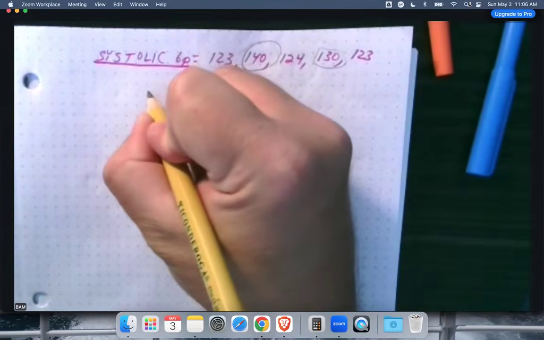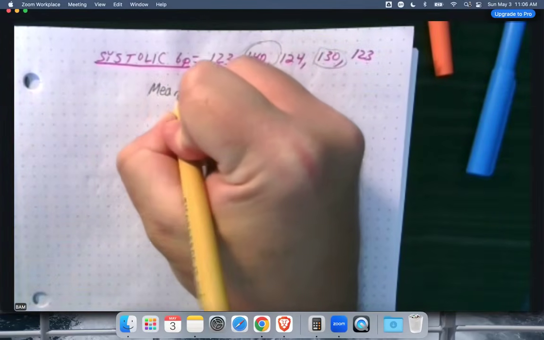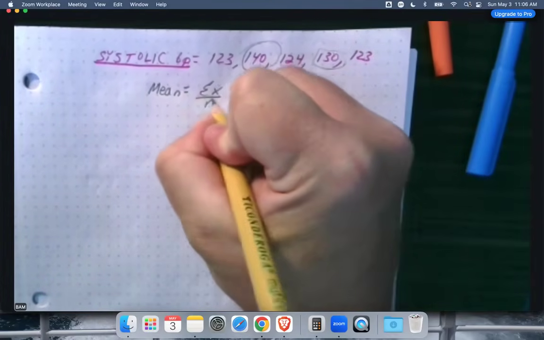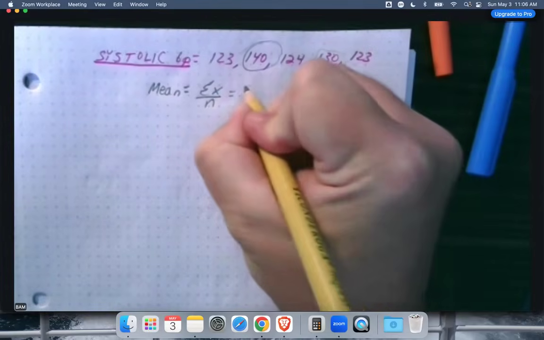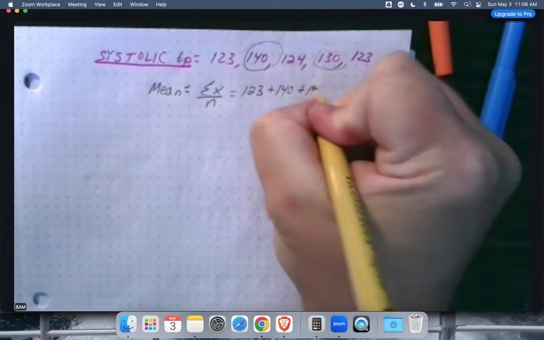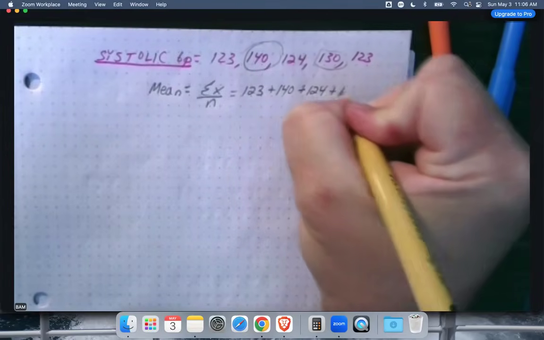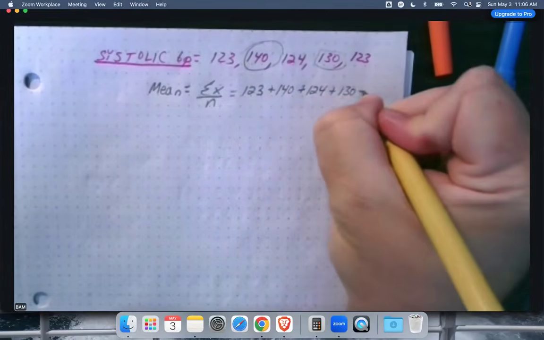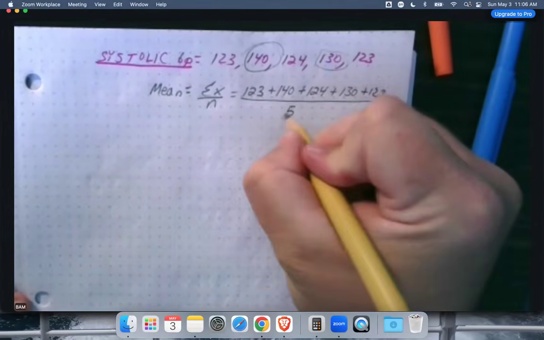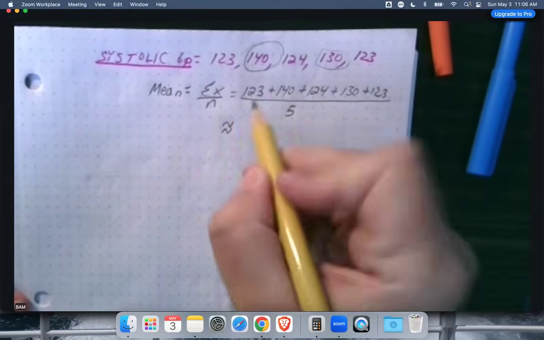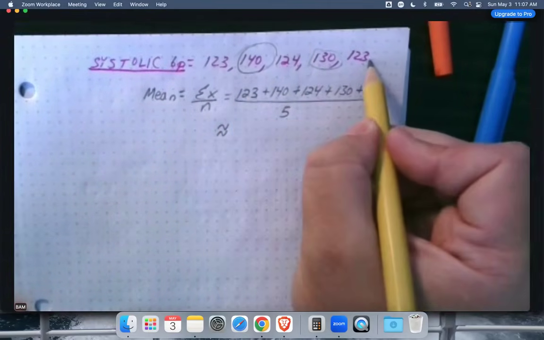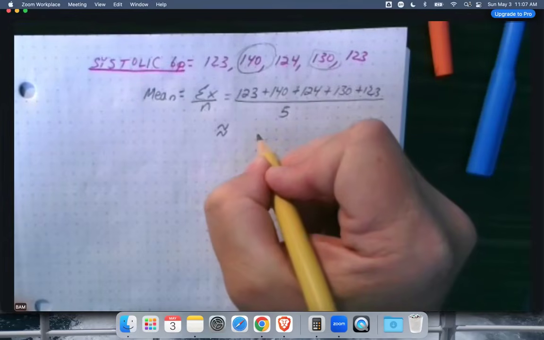So the mean is those numbers divided by how many there are. 123 plus 140 plus 124 plus 130 plus 123 divided by 5. I'm going to round it to one more decimal place than the original data had. So it'll be the tenths.